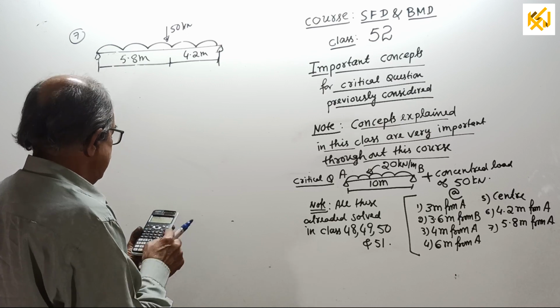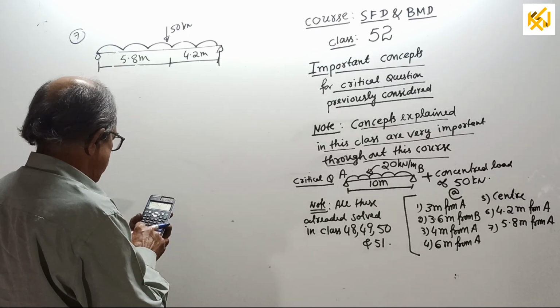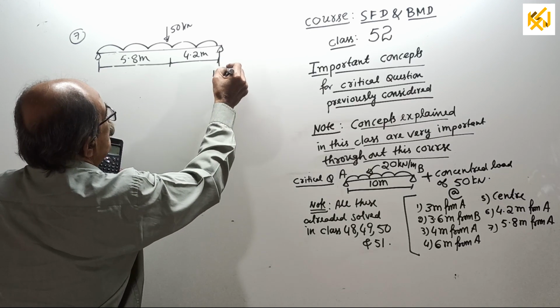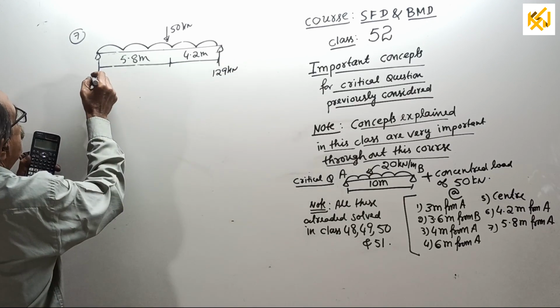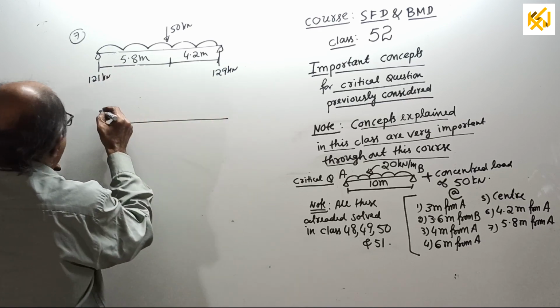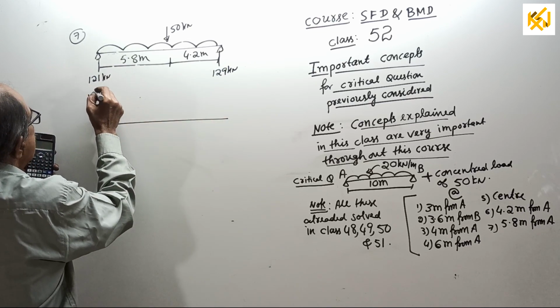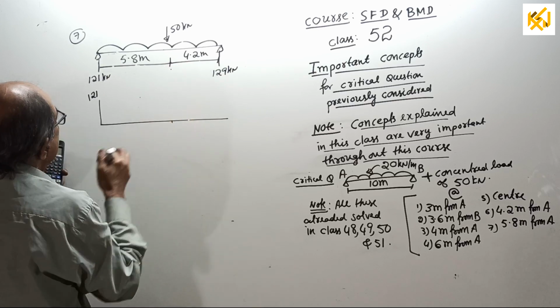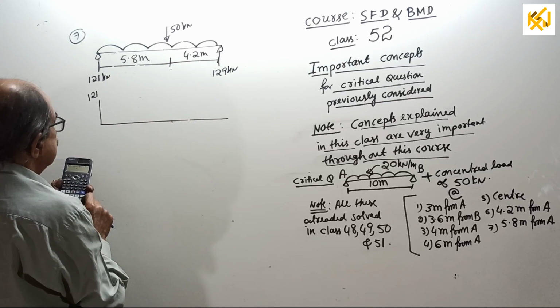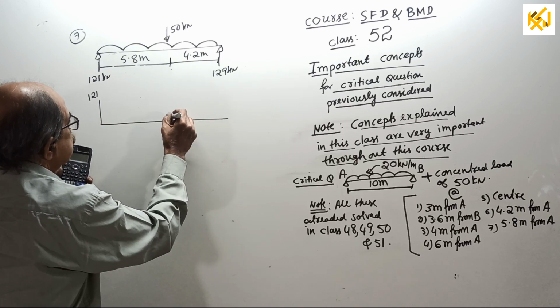50 into 5.8 divided by 10 is 29. 129 kilonewton here and 121 kilonewton here. SFD: 121. When you reach here, 121 minus 20 into 5.8, 5 plus 5.